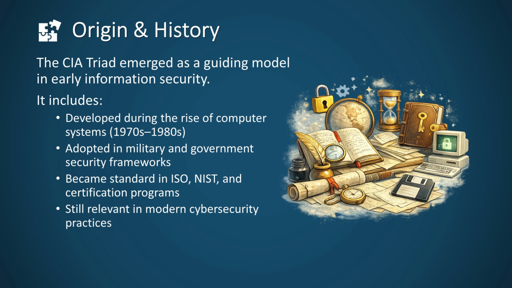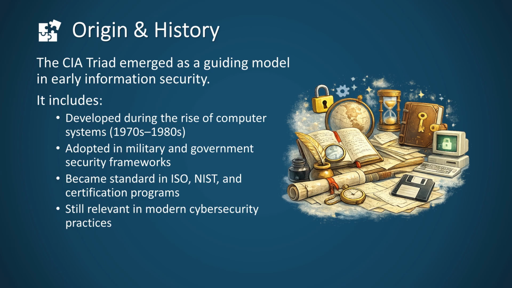They needed a simple and universal model to guide their security policies. That's where the CIA Triad, confidentiality, integrity, and availability, came into the picture. Initially, this model was used mainly in defense and intelligence environments where protecting sensitive information was critical.